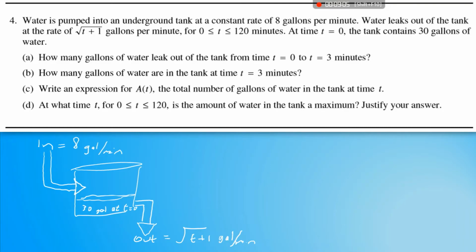No. Okay, cool. So the first thing we need to do is figure out how many gallons of water are leaking out of the tank from 0 to 3 minutes. What do I have to do?